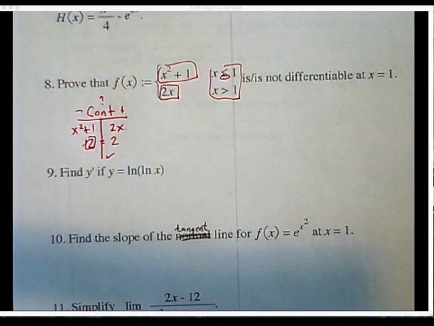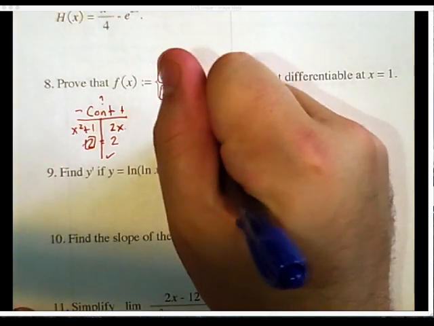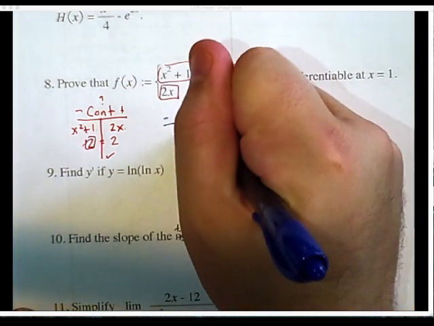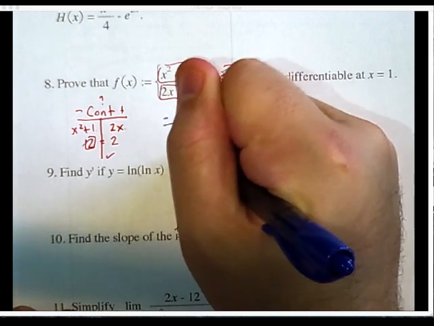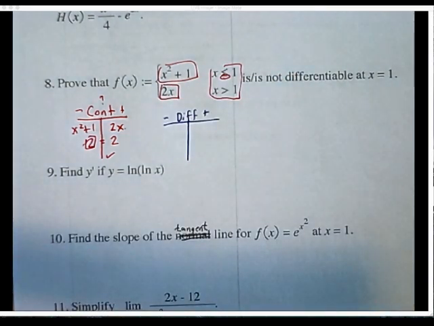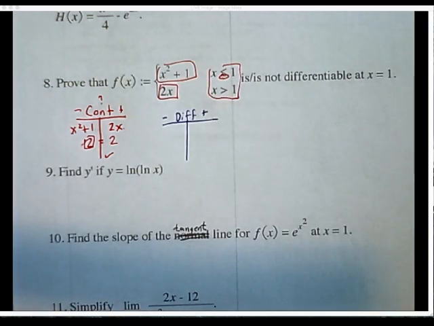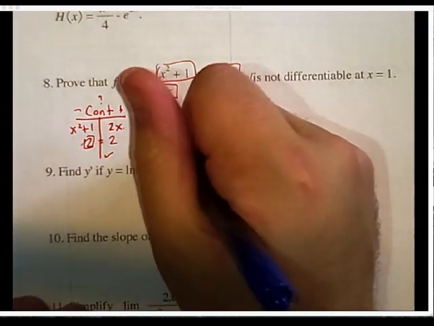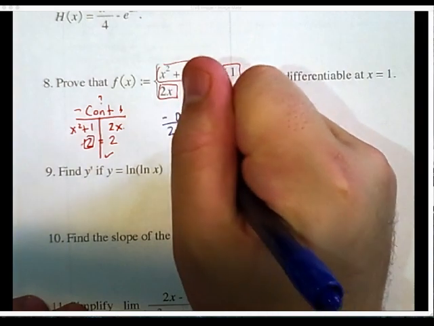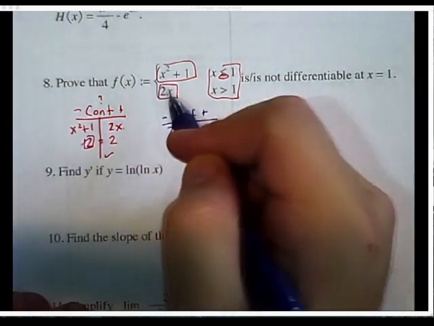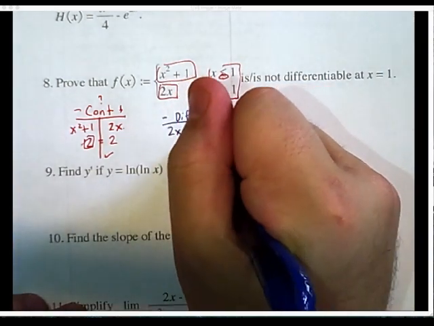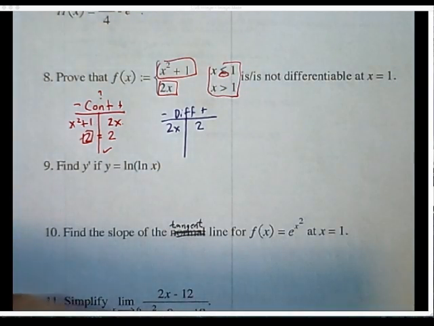Now we can see if it's differentiable. Is it differentiable? I don't know. So think about this. If I come in from the left side, what's the derivative of that right there? The derivative of x squared plus 1 is simply 2x. The derivative of 2x is 2. Now plug in the 1.